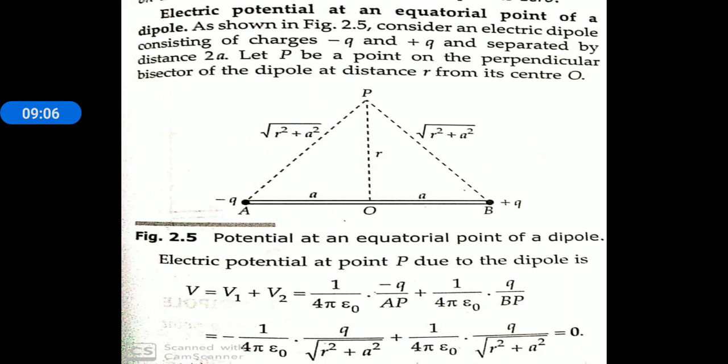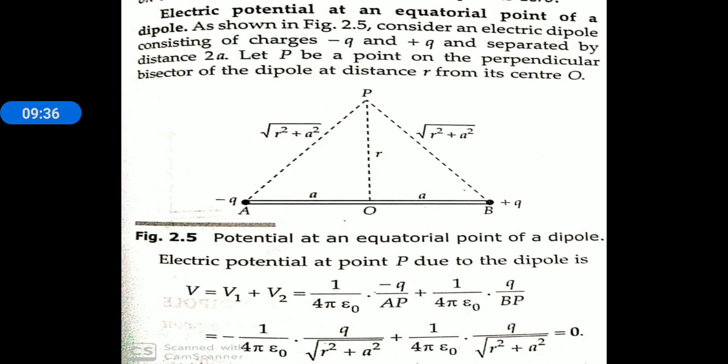I think under root R square plus A square is very easy to understand, as AOP is a right triangle. Using prior knowledge of mathematics, that is the Pythagoras theorem, in a right triangle the hypotenuse square is equal to the sum of the squares of perpendicular and base. So AP is equal to under root R square plus A square. Similarly, PB is also equal to under root R square plus A square.